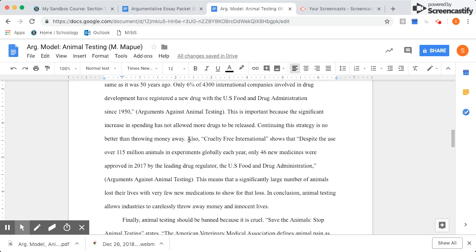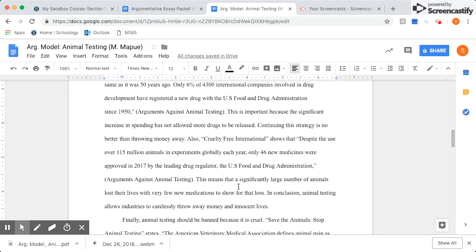Also, got that transition, Cruelty-Free International shows that despite the use of over 115 million animals in experiments globally each year, only 46 new medicines were approved in 2017 by a leading drug regulator, the U.S. Food and Drug Administration. So that's our evidence. So these amount of animals are used, these amount of medications were released or approved.